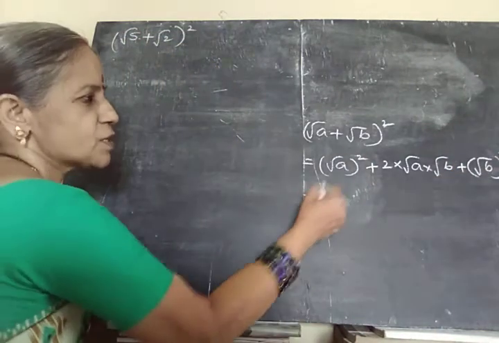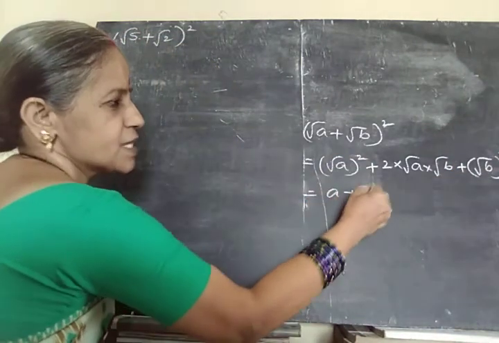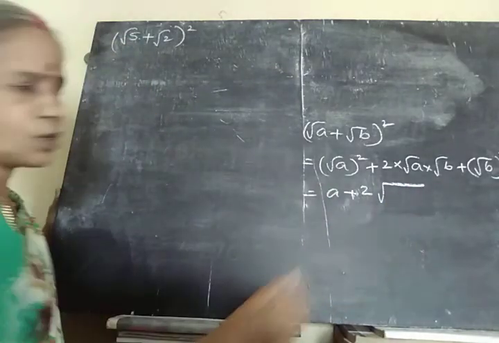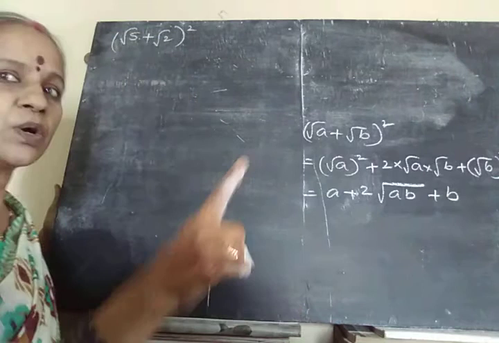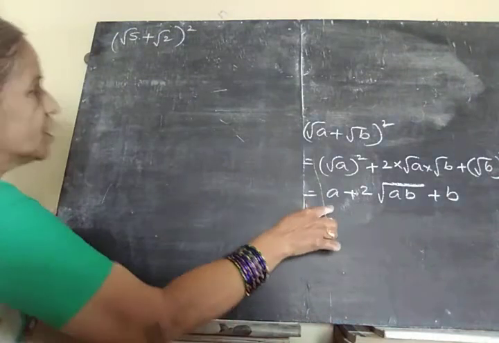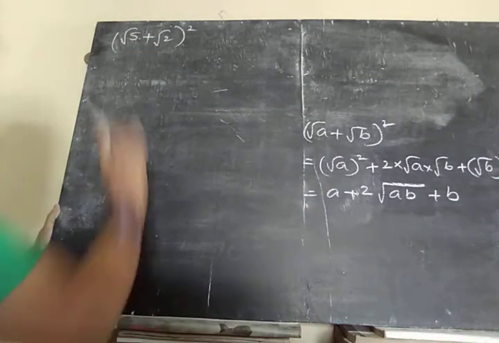Okay, it means root A whole square is A, plus 2 square root of AB, plus B, root B whole square is B. Now here root A means root 5 is there.